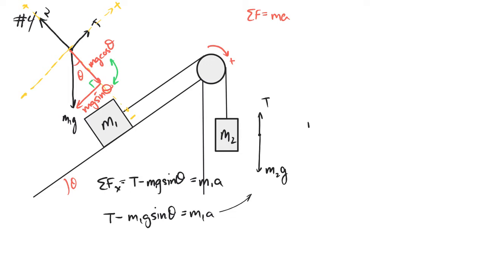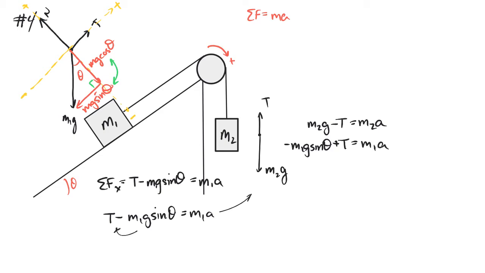Here I'm going to have m2g minus tension equals m2a. So if I want the acceleration of the system, I have to eliminate tension. We've kind of talked about this a lot. I could solve one of these for tension and eliminate the other one. I could solve them both for tension and set them equal to each other. Or, my favorite, I'm going to write this as negative m1g sine theta plus tension equals m1a.